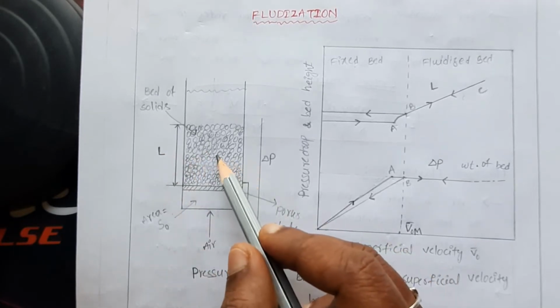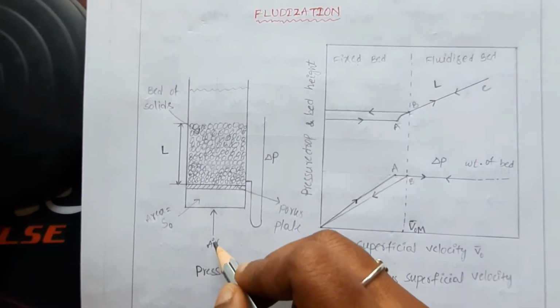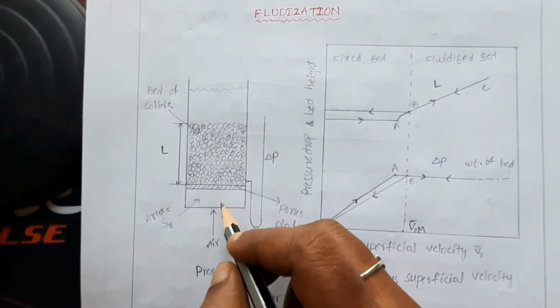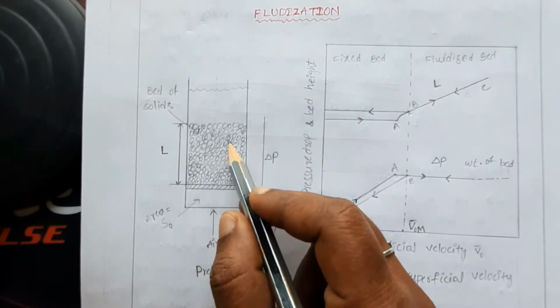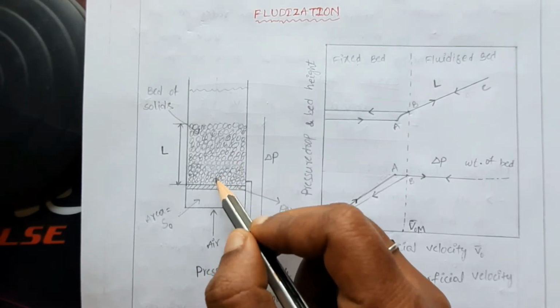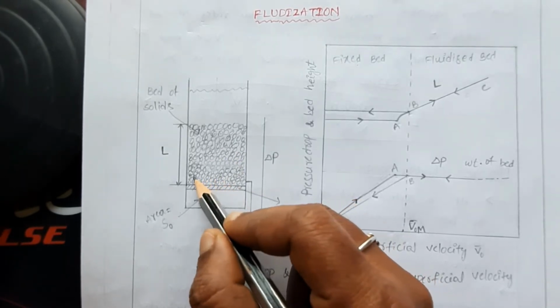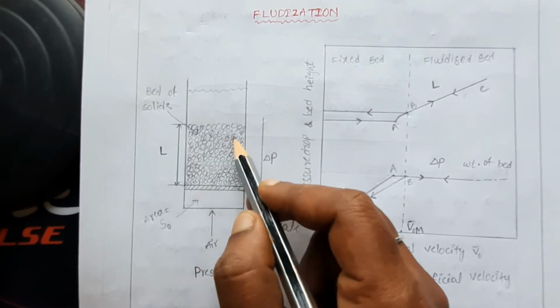Pressure drop across the bed is calculated by this U-tube manometer, delta P. Let us say we are admitting air at the bottom of the plate. The fluid is moving over the solid particles. What happens? The fluid is exerting some upward thrust on the solids, right? That upward thrust is nothing but the buoyancy force.